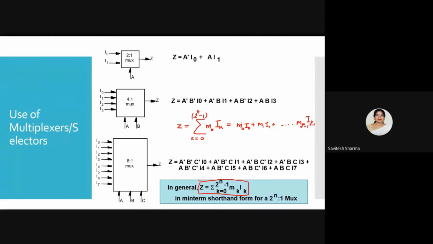This is a general formula for the multiplexer. What is m0? Based on the select lines, you represent m0. You only concentrate on the subscript, and you write its decimal equivalent as binary information. Depending upon the number of select lines, you can write the binary equivalent.